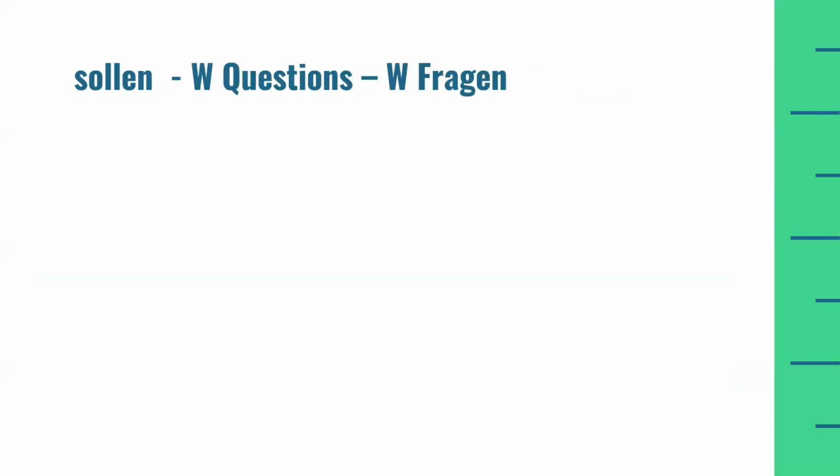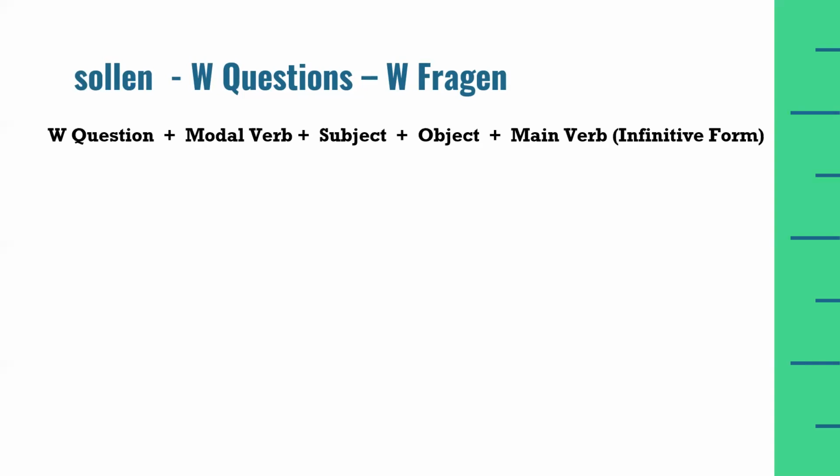Now let's look at the questions which start with a W question word, and let's see, if we want to use the verb sollen in such types of questions, what would be the sentence structure? In this case, the W question word will come at the first position, the modal verb will come at the second position, and the subject will come at the third position.